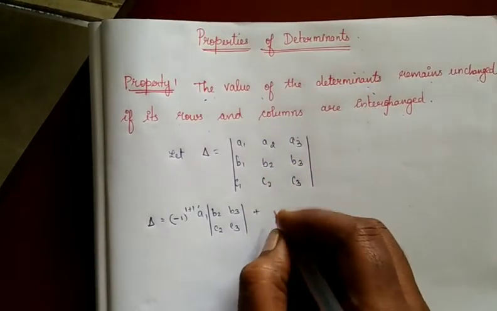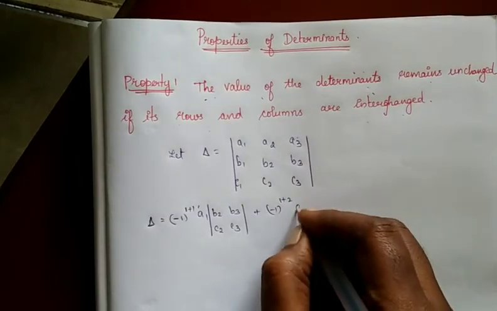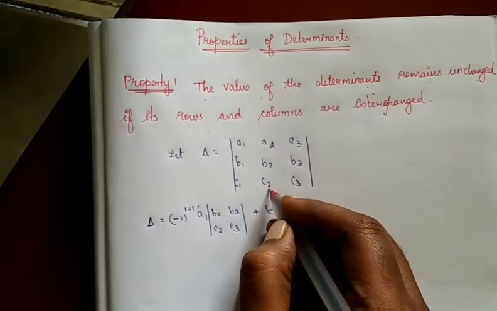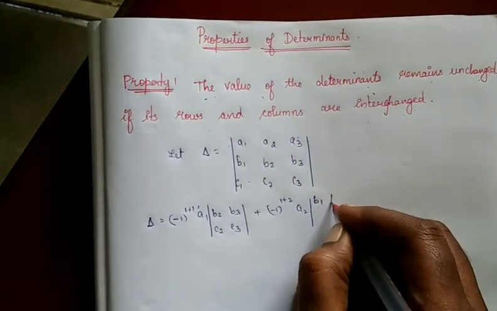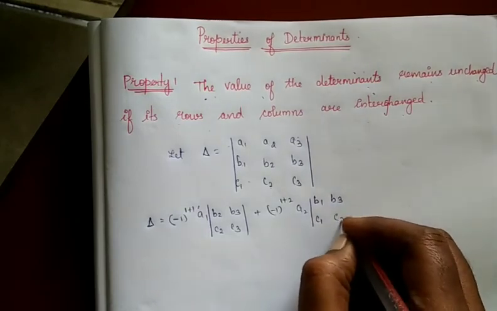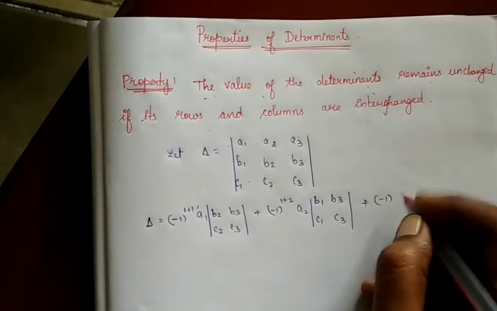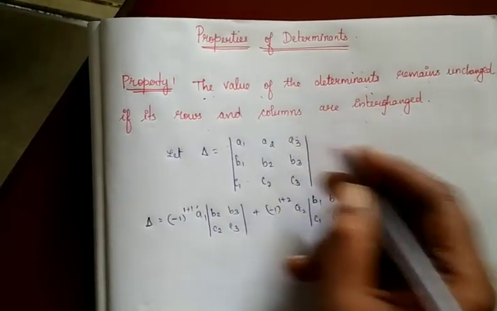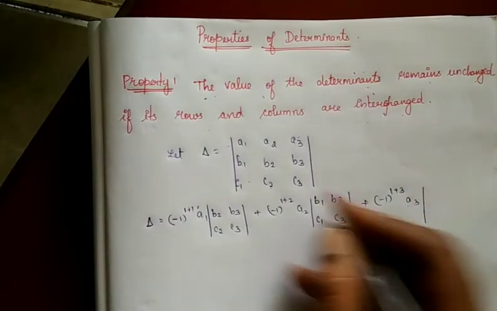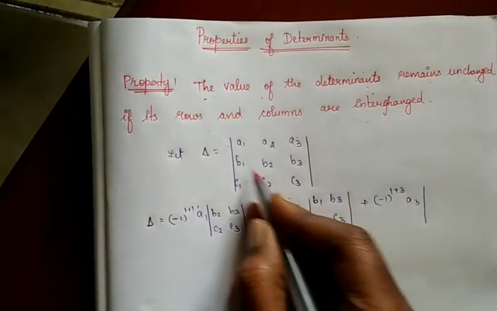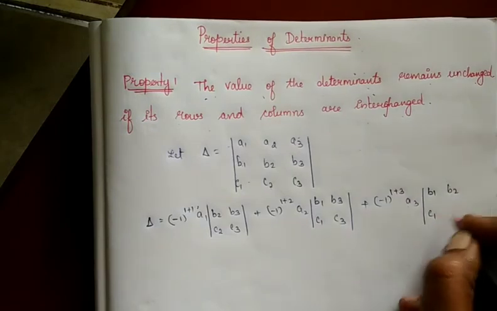Next, plus minus 1 to the power 1 plus 2, a2: leave this column and row so the remaining four are b1 b3 c1 c3. Plus minus 1 to the power 1 plus 3, a3 of the remaining four, b1 b2 c1 c2.